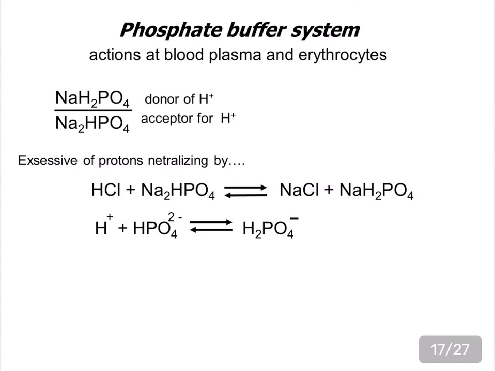And if you describe the composition for a cell, remember that inside the cell, the concentration of potassium is higher compared to sodium. On the slide, the composition of the phosphate buffer system of plasma is represented. Sodium dihydrophosphate is the donor for protons, and sodium hydrophosphate is the acceptor for protons.